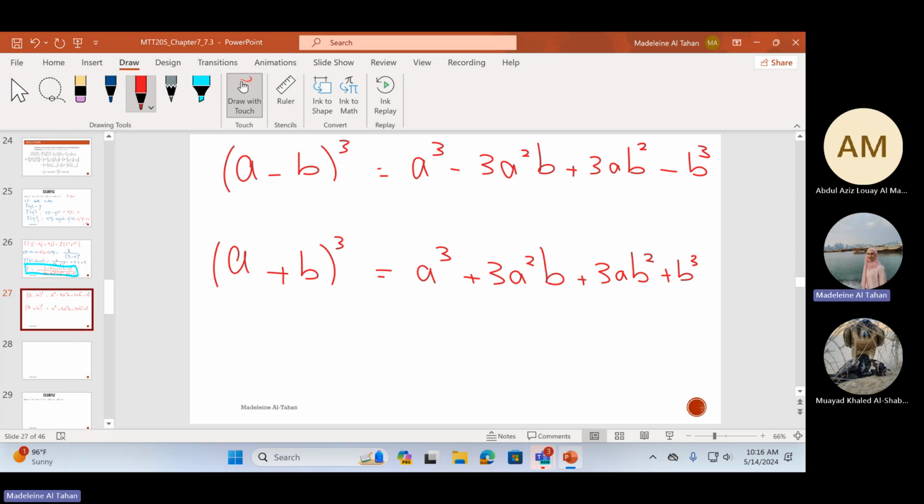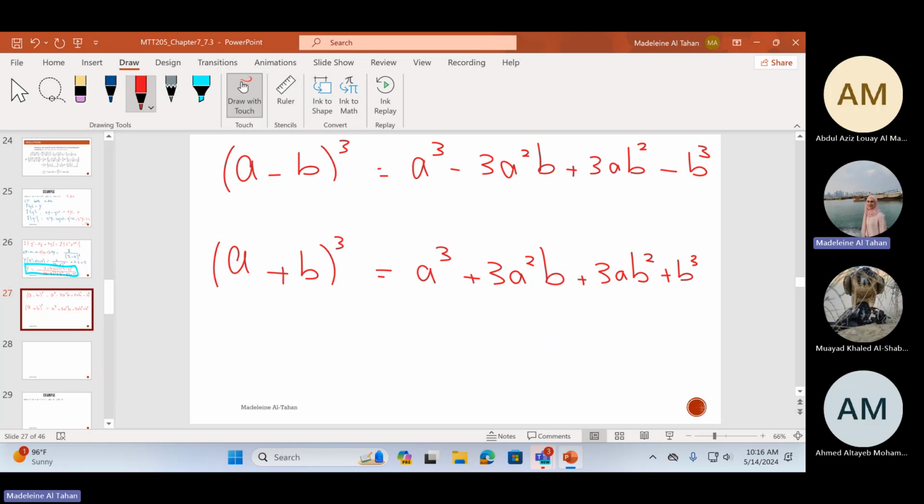Complete square first or small first? We'll do the complete square first or small first? Do we really need complete square? Look at this one.